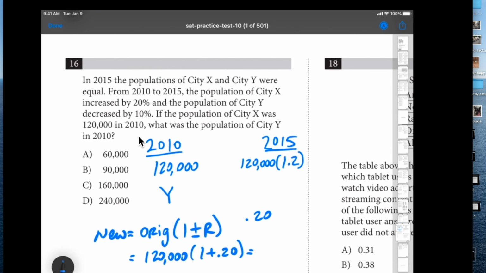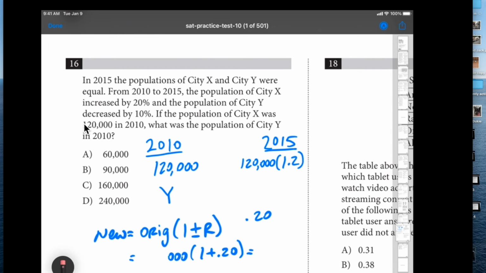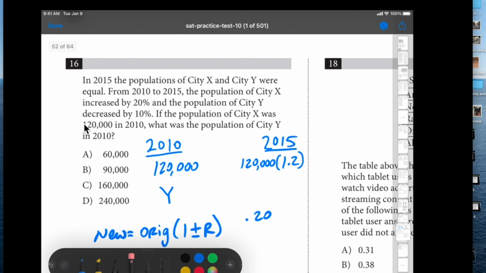Okay. What else do they tell us? City Y decreased by 10%. So let's go down here and use the same exact setup. City Y is an unknown.